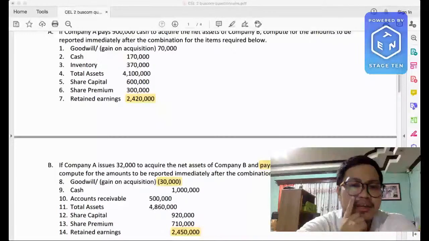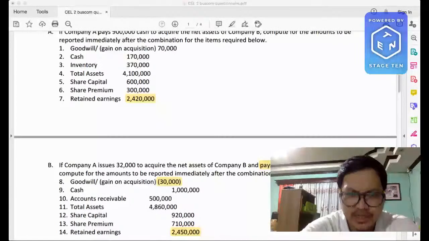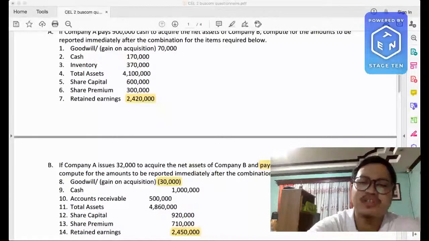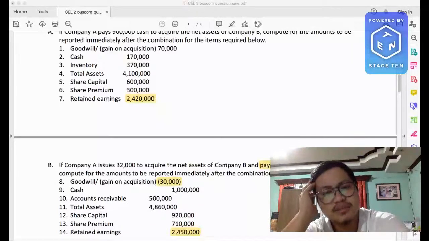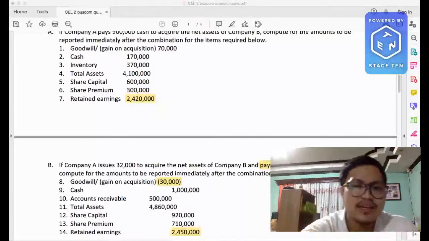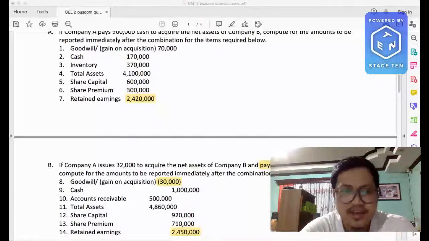Okay, but for you to get all the problems right, do not forget to include the resulting goodwill. That's why almost always the first question is to solve for the goodwill or gain. For your liabilities, class, there's nothing special to remember there, unless of course the consideration is in bonds, but that's very unlikely. It would just result in additional liabilities on the part of the surviving entity.